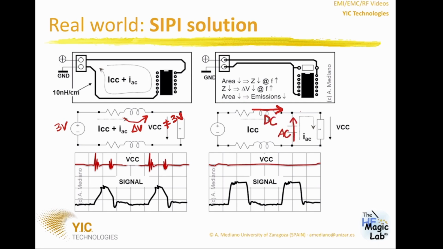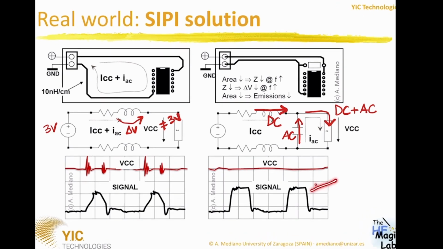If you have these 2 components of the current going to the integrated circuit, the integrated circuit will be working perfectly because the AC current is not creating the voltage drop in the parasitic inductance. This is what you can see in the lower part of the image. You have a flat VCC, low ripple, and you have a good, in this case, a square wave signal.